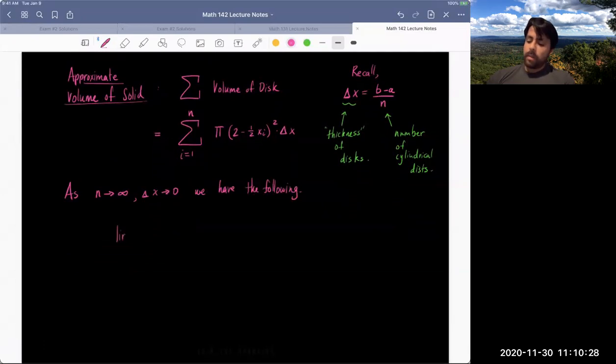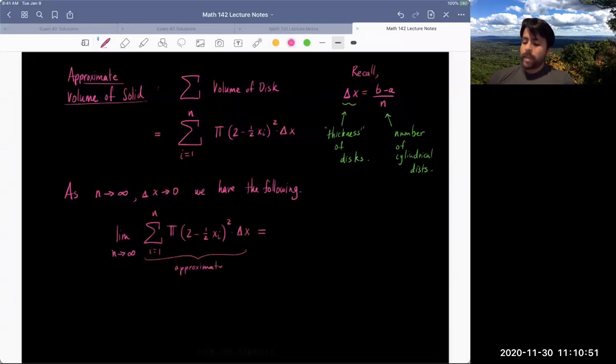As we take the limit as n goes to infinity of my summation here, what's the result, guys? As I take this limit. So again, this whole thing here is the approximate volume of the solid by n disks.